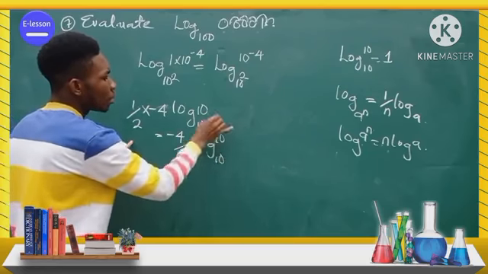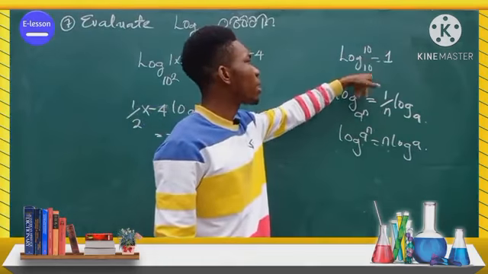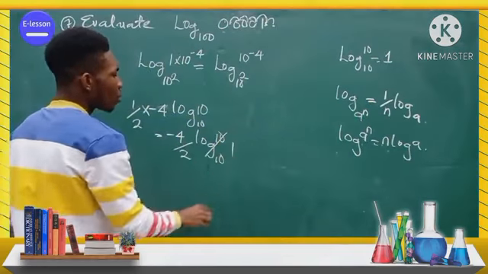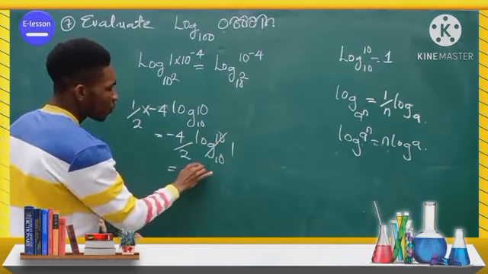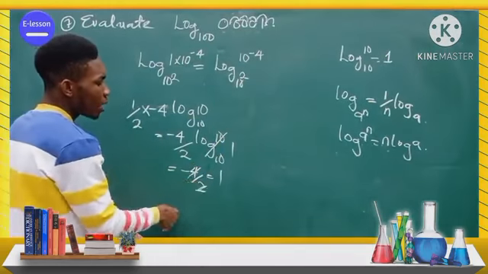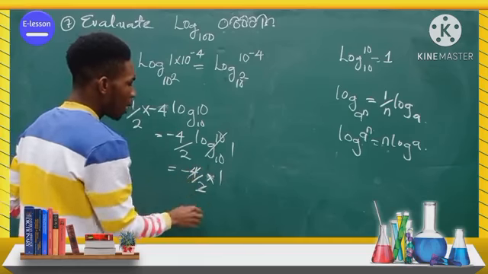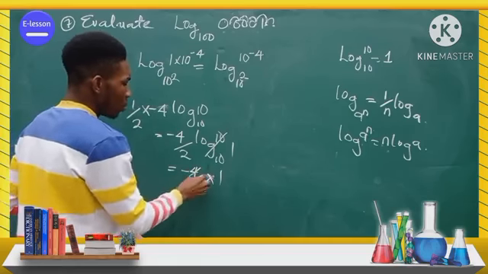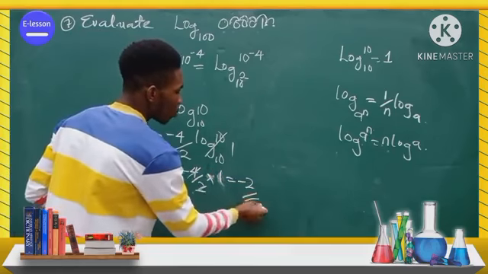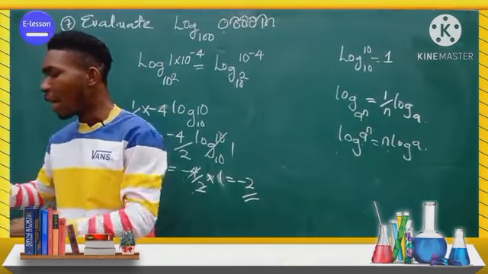What we are going to do now, the law says that log to base 10 of 10 is 1. So this cancels out and this gives us 1. So our final answer is minus 4 over 2 times 1. Minus 4 over 2 is equal to minus 2. Times 1 is minus 2. So your final answer is minus 2.